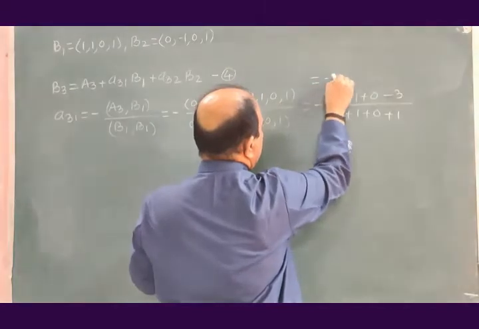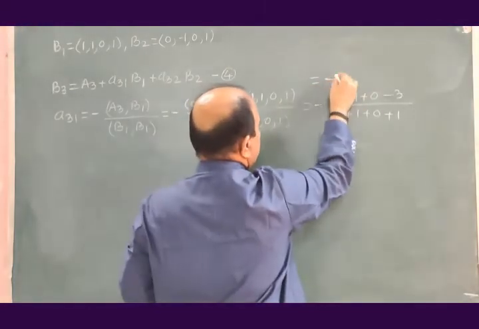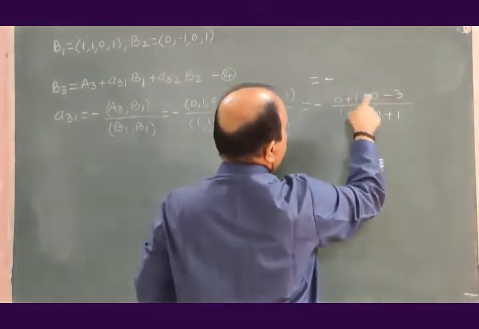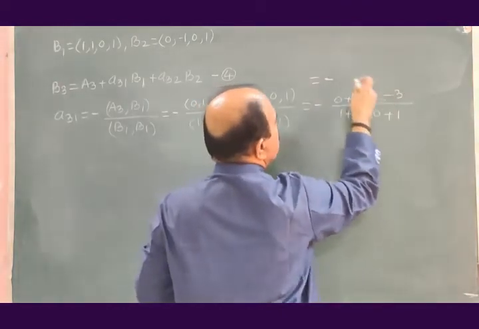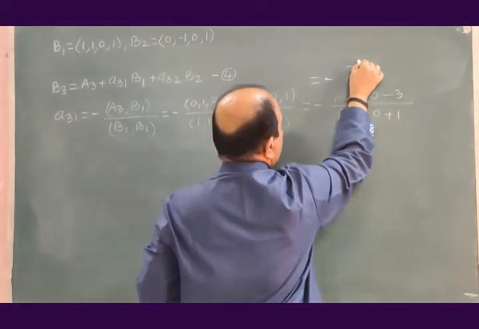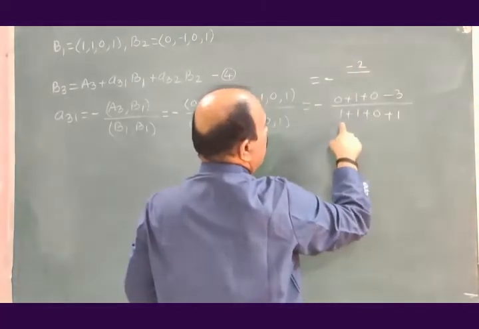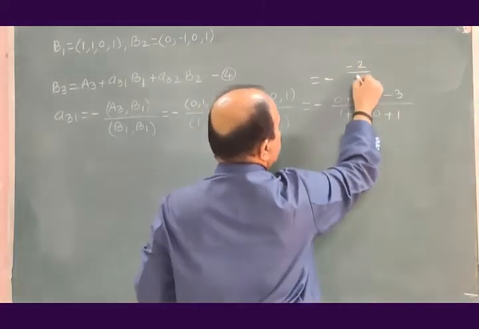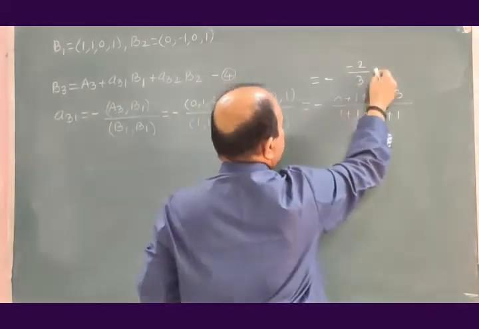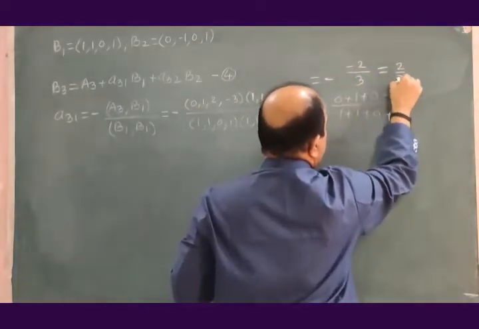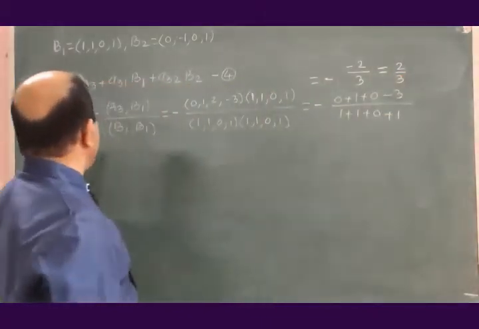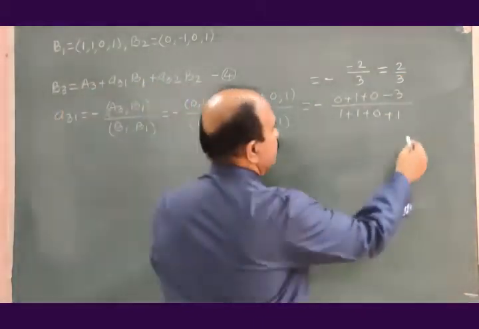This is equal to minus of 0 plus 0, 0 is not going to affect our value, 1 minus 3 is minus 2, divided by 1 plus 1 plus 1, that is 3. Minus minus will become plus. So it is simply 2 by 3. So value of A31 is 2 by 3.